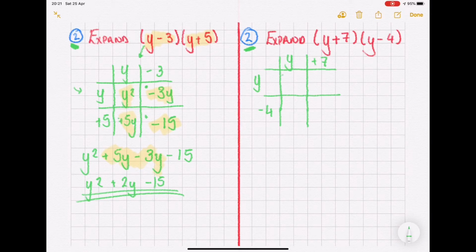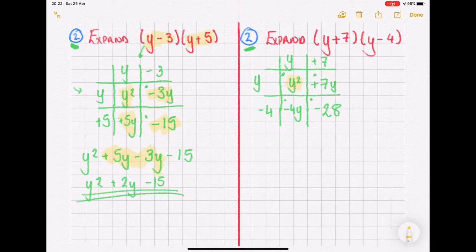Okay, so in this box, y times y is y squared. In this box, y times positive 7 is plus 7y. In this box, y times minus 4 is minus 4y. And in this box, minus 4 times by positive 7 is minus 28.